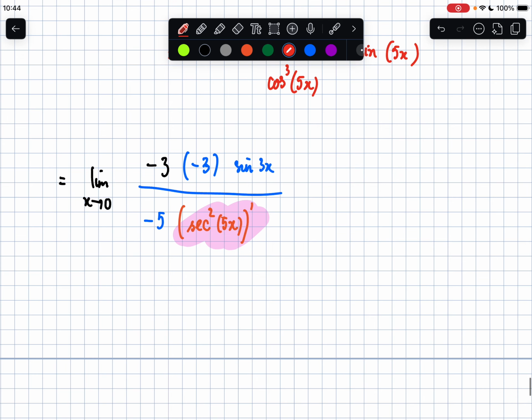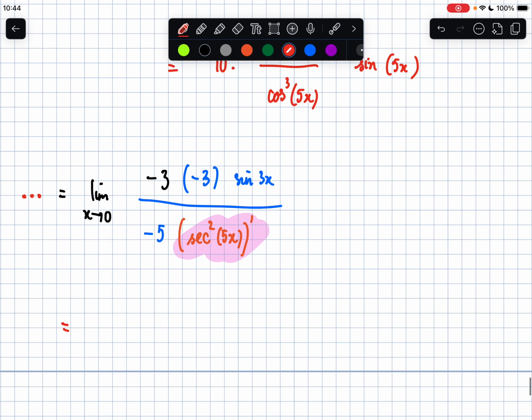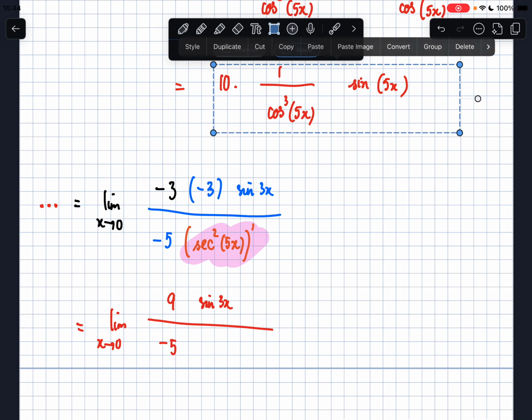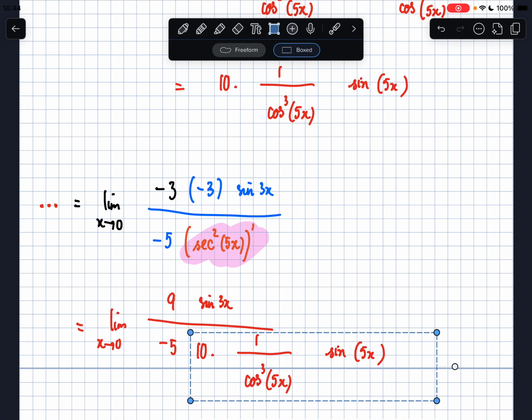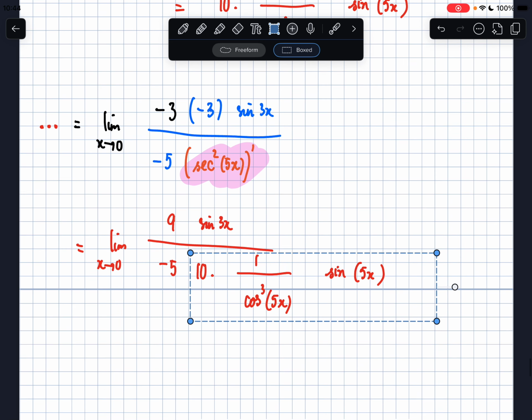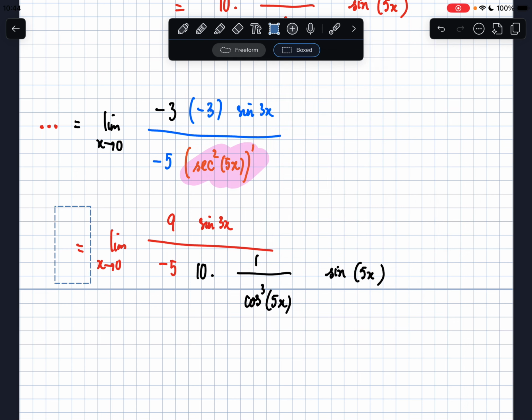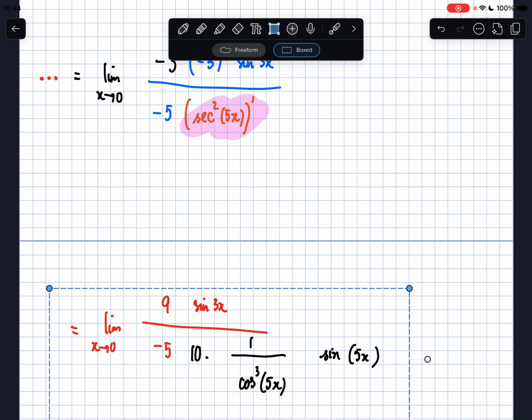So the original limit equals this. This one is limit x to 0 of 9 multiplies sine 3x over minus 5 multiplies this secant square of 5x prime.